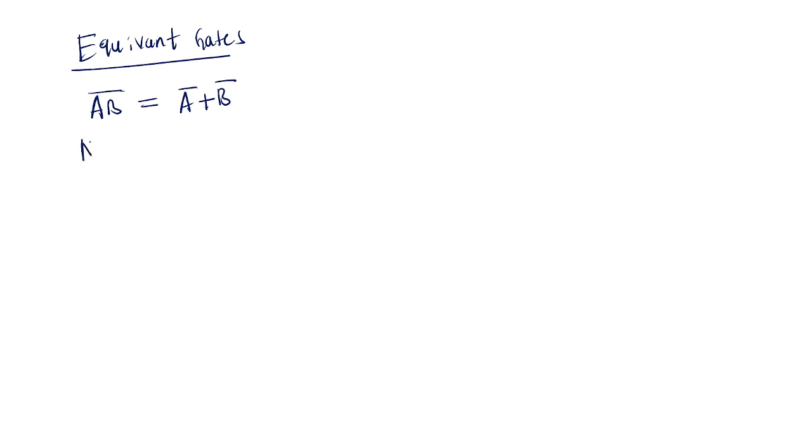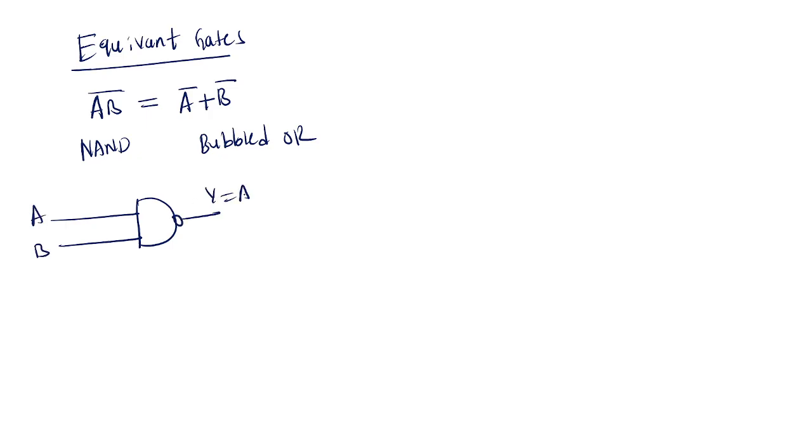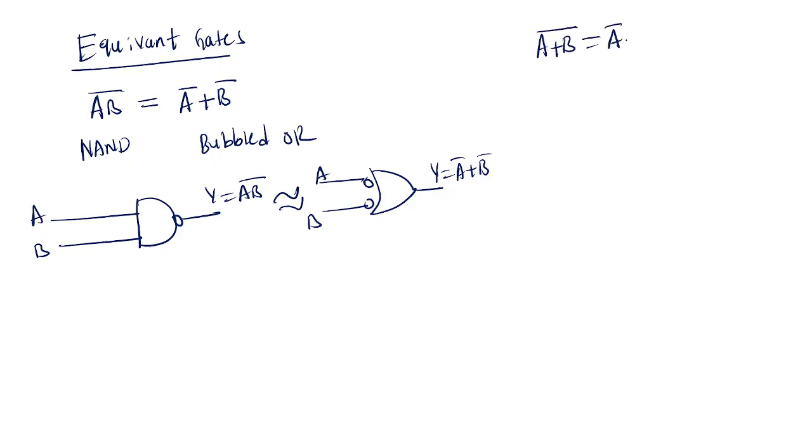So that means a NAND gate, where Y equals AB whole bar, is equivalent to a bubbled OR, where Y equals A bar plus B bar. And one more law: A plus B whole bar equals A bar and B bar. This we'll discuss in Boolean algebra.